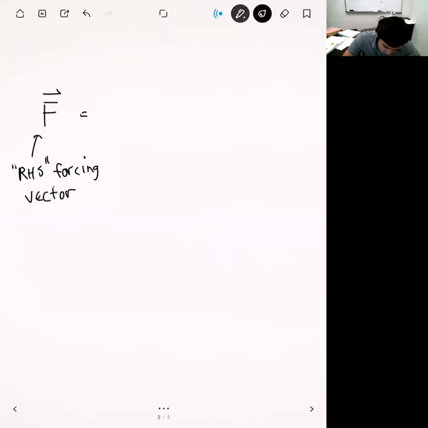Then we have a stiffness matrix, which could be an element stiffness matrix or the global stiffness matrix.